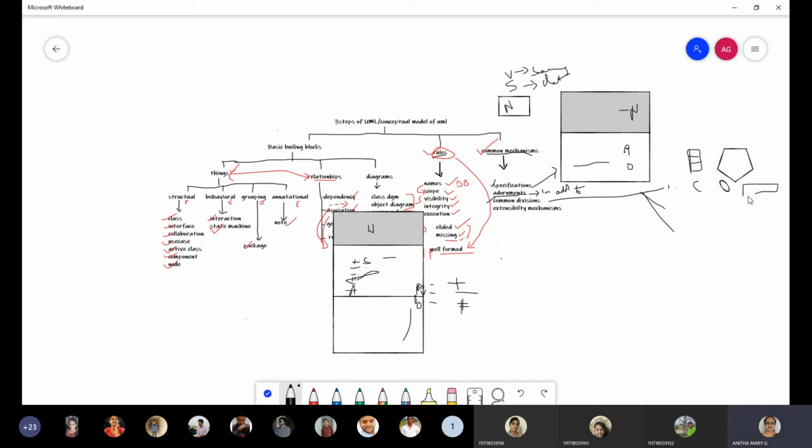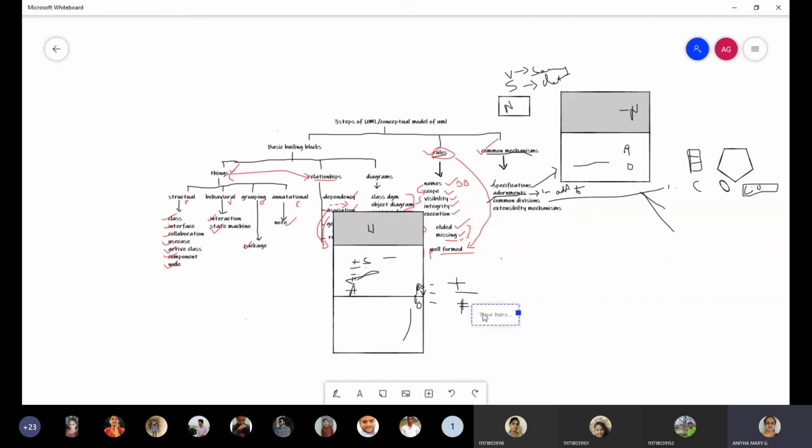The other day I was telling you about the rectangle where you have the colon, starting with the class name and the object name, and it should be underlined. I'll try to show you in the text box if I can.